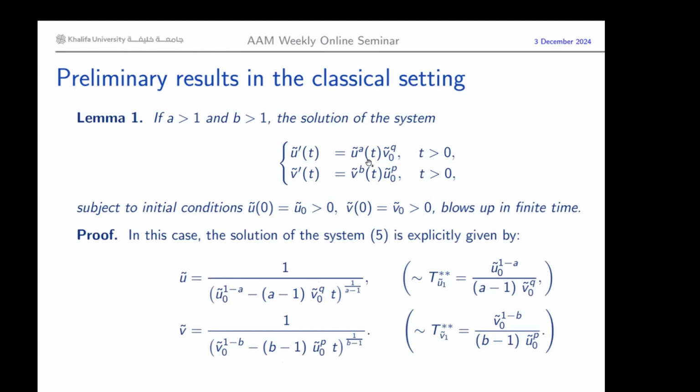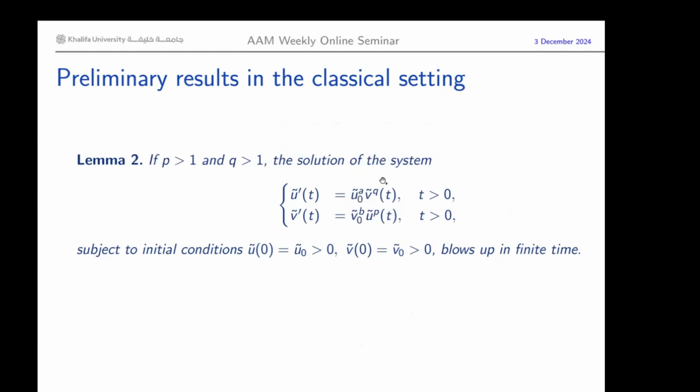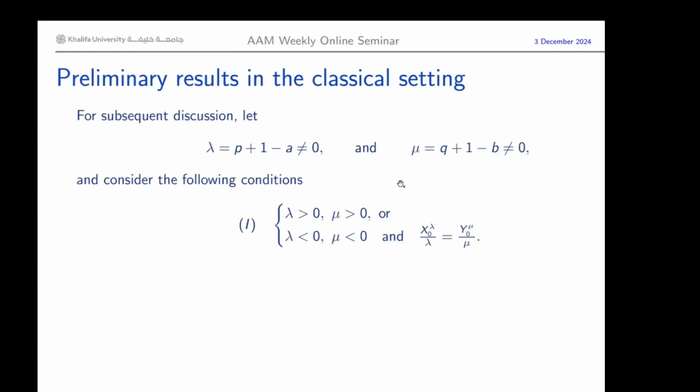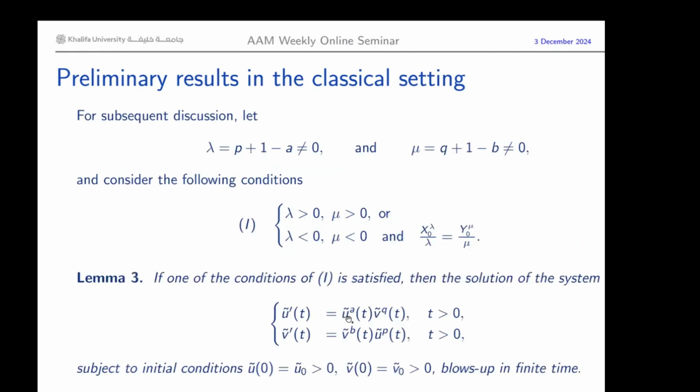And what if we consider the coupled system? So now this part will be constant and this one not. So also by the standard method in ODE, provided with positive initial data and the powers P and Q greater than 1, we can decouple the system, and we can show that the solution also blows up in finite time. Now, what about a slightly more complicated one, where the system is fully coupled?